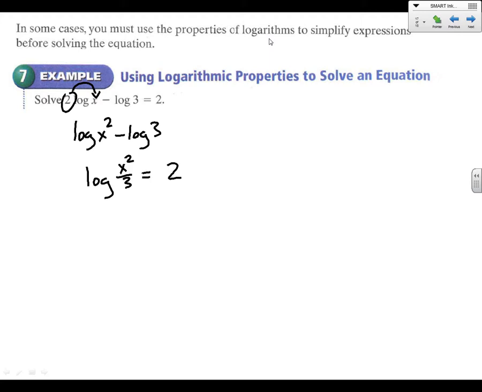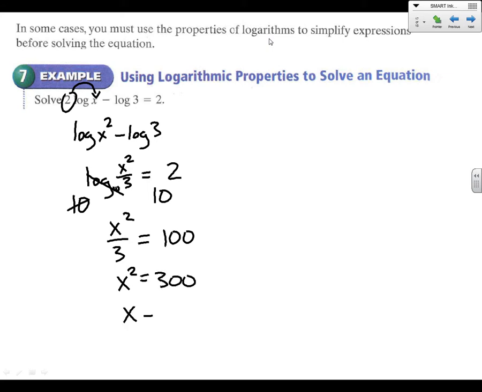Now that we have it all condensed into a single logarithm, we can get rid of this. This is log base 10, so we can use a base of 10 to cancel them out. We'll have x squared over 3 equals 10 squared, which is 100. So x squared equals 300. So x equals square root of 300. 300 is 100 times 3.